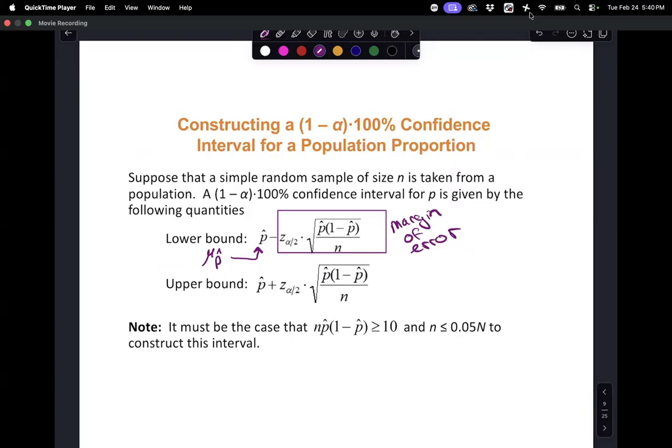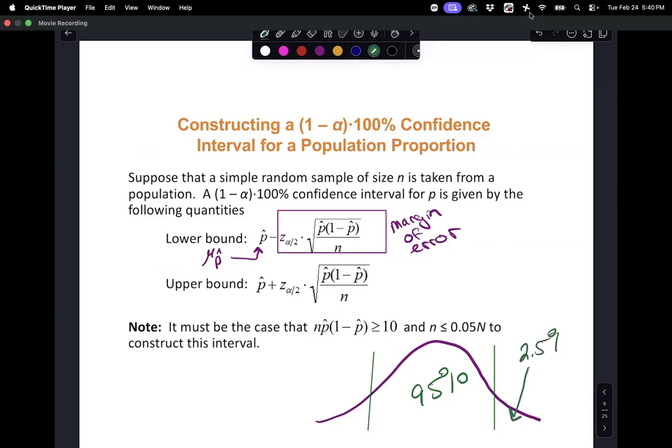Confidence intervals deal with the center of our data. So if I'm building a 95% confidence interval, then we're looking at the center 95% of our curve. Therefore, there's 2.5% up here, and 2.5% down here.